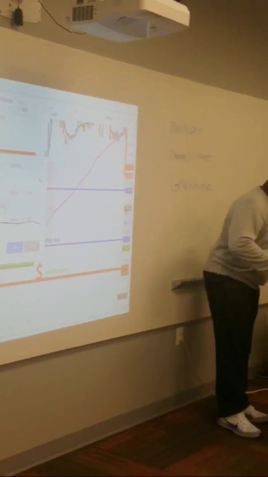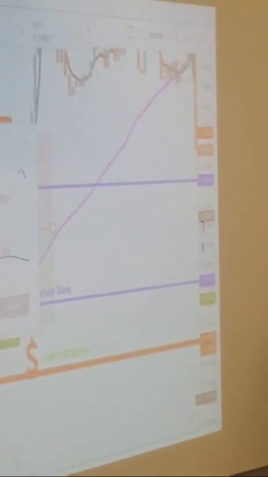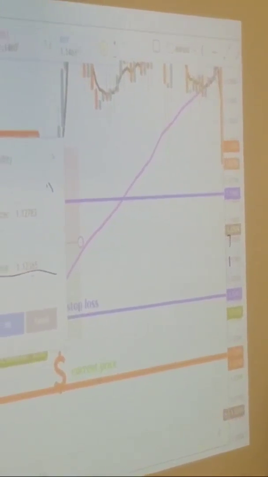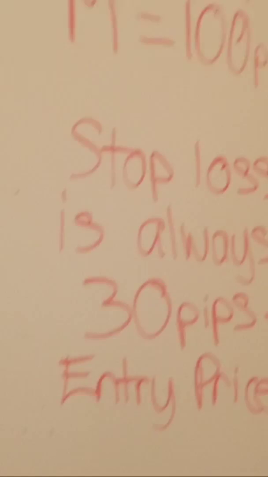So I put 1.17665 here, and then I want to set my profit. Now my profit if I'm on the H4 is what? 50 pips. 50 pips, right?